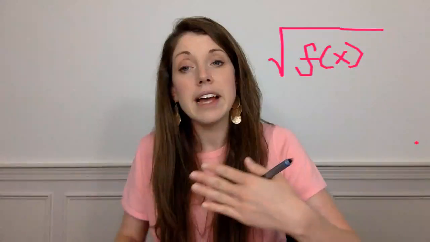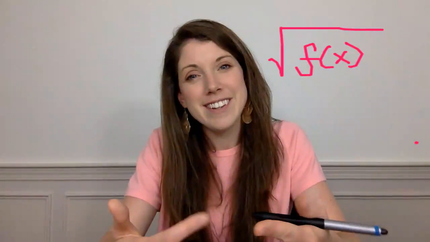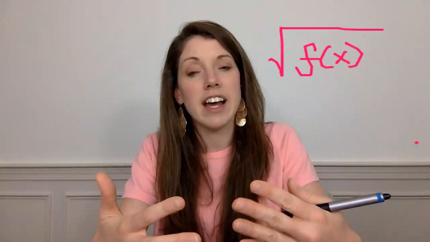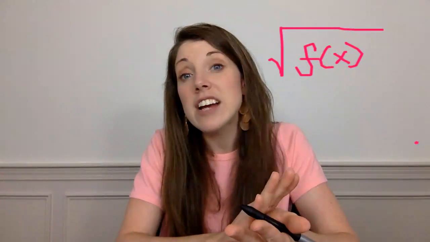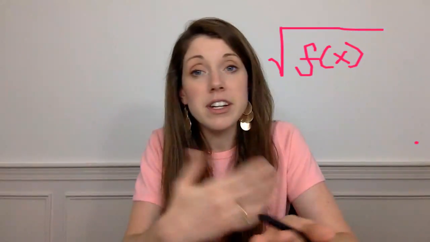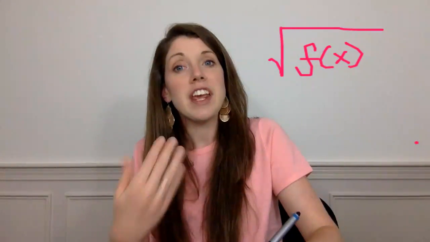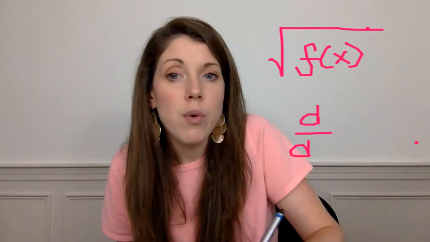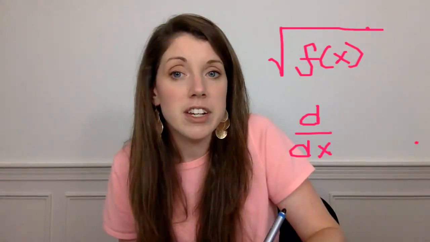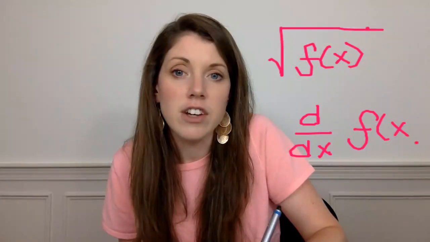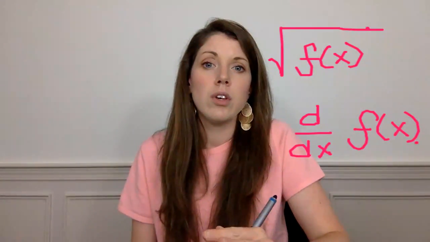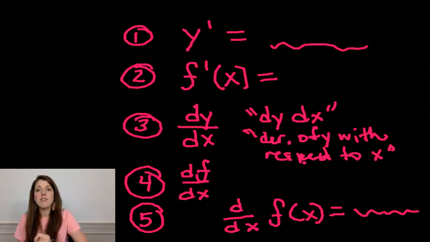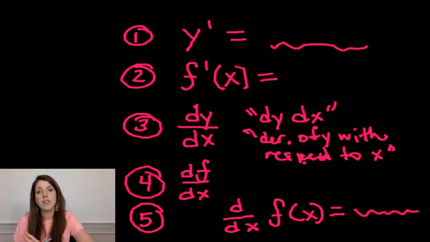That shows me that I am operating on, not like a medical operation, but a mathematical operation on f of x. And taking a derivative is actually also an operation, same kind of idea. We are changing a function. So we could say we are going to perform the derivative operation on the function f of x. So those are, let me go back, those are our 5 different methods for defining a derivative.